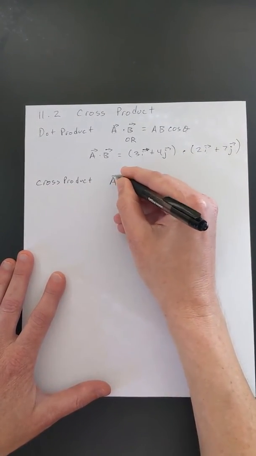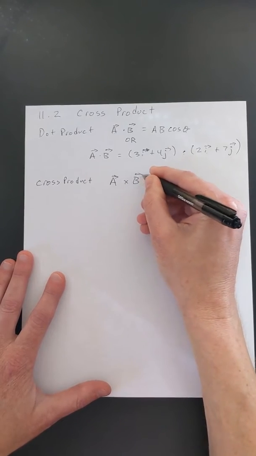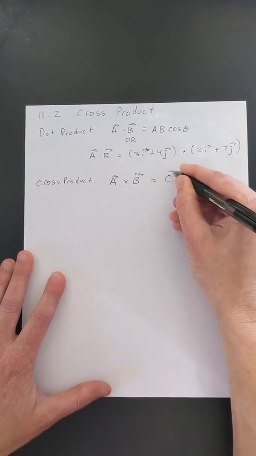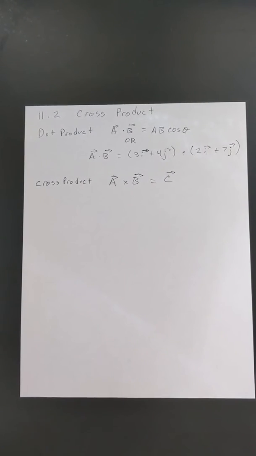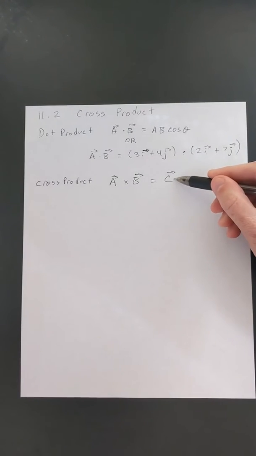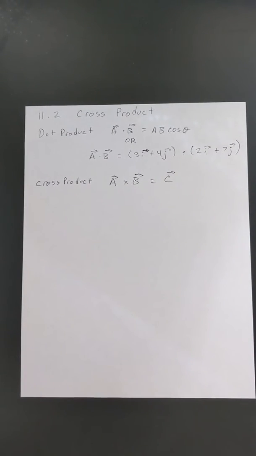See, the big difference starts when we look at the result. The result of a cross product is another vector. So a vector times a vector could either be a scalar, just the amount, or a vector. But then if you get a vector, like vector C, you could find the magnitude of vector C. And I want to be really, really clear.